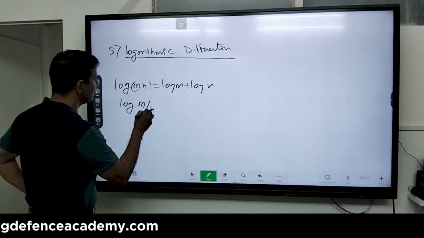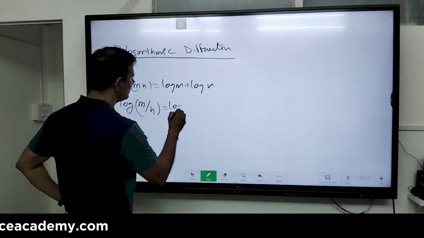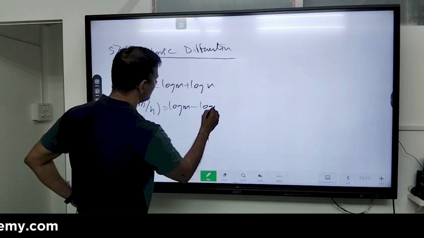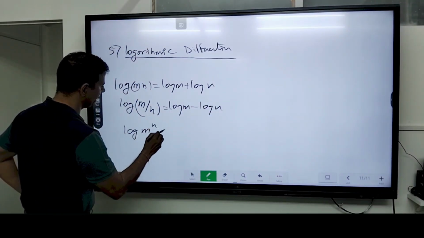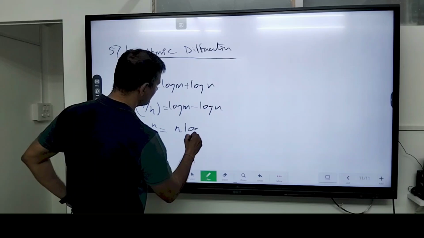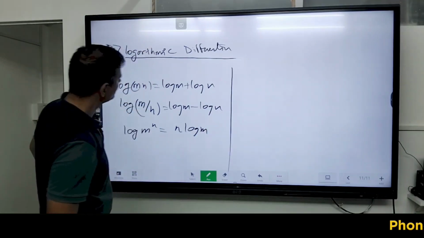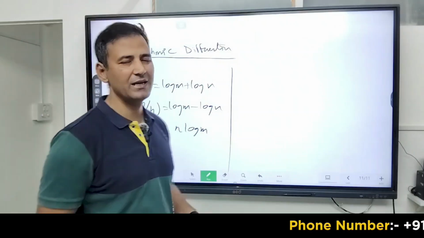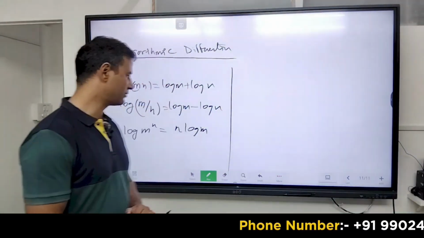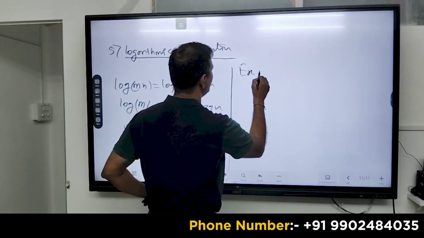Log of m by n will be equal to log of m minus log of n. Log of m raised to n will be equal to n log m. So these are some of the rules of logarithms which we'll be using. So let's take an example.